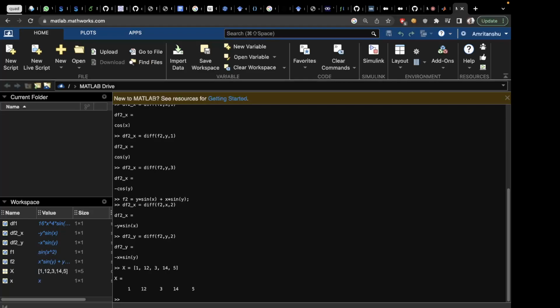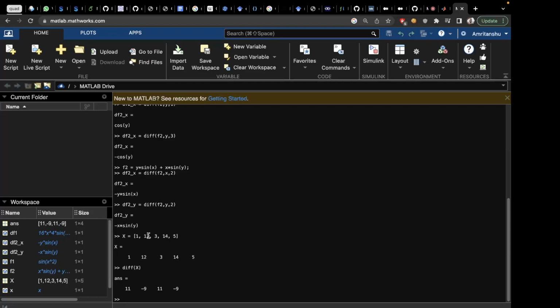Right, this is x, and if I do diff x, what does it do? The first term would be the difference obtained by subtracting the first term of the original array from the second term. So 12 minus 1 will be the first term here. Then 3 minus 12 is minus 9, 14 minus 3 is 11, and 5 minus 14 is minus 9.